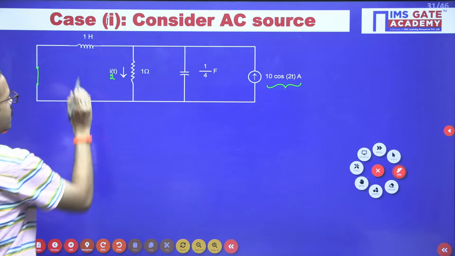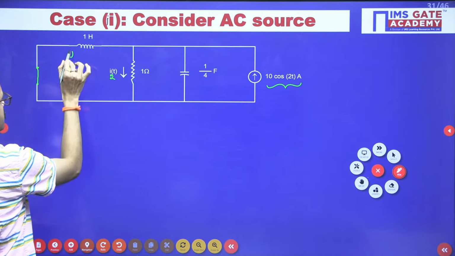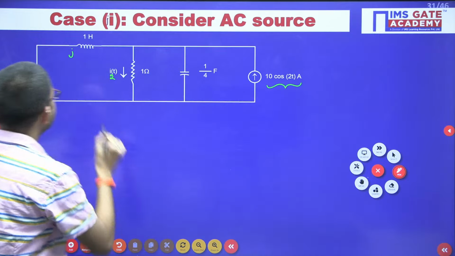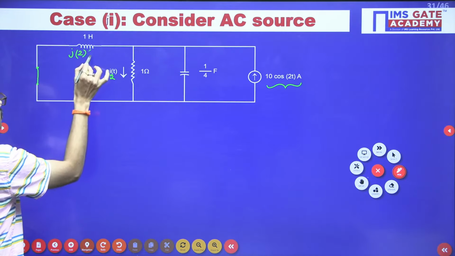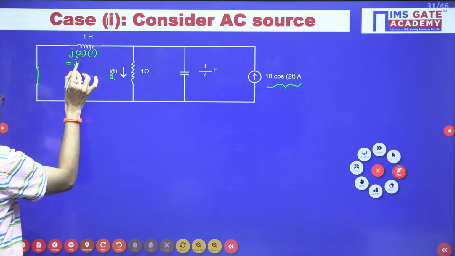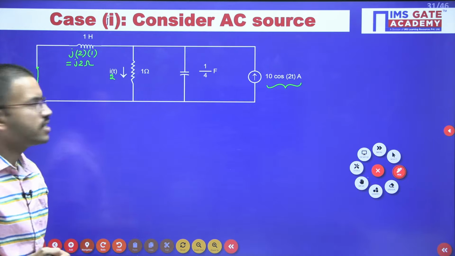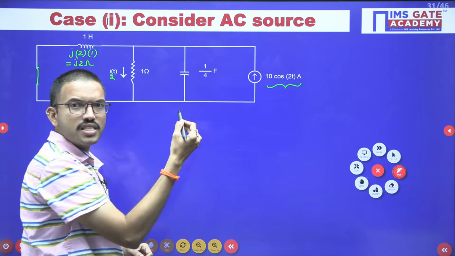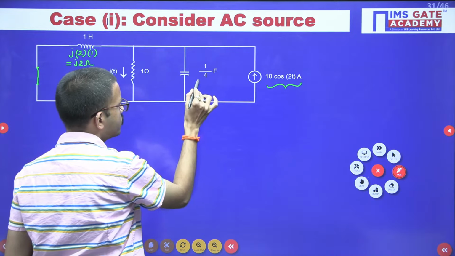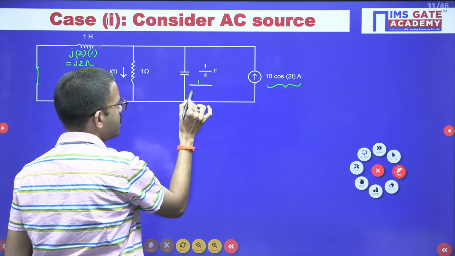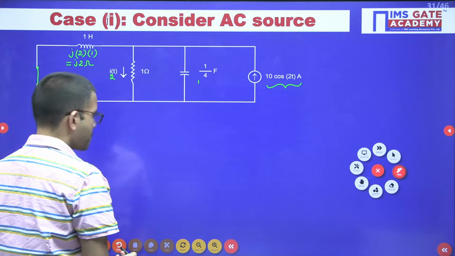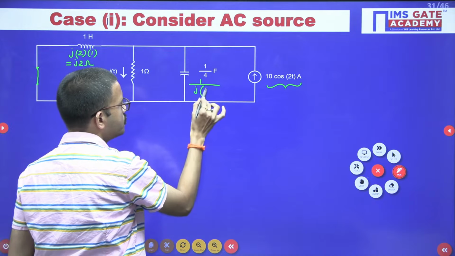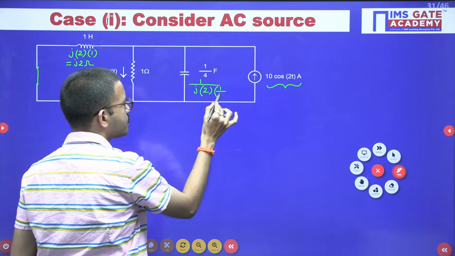Okay. Now regarding this particular inductor, the impedance is j omega L. Here in this case, omega value is 2, and L value is 1. So that means you are getting j2 ohm. Similarly, regarding the capacitor, you can write 1 by j omega C. Omega value is 2 and capacitor value is 1 by 4.